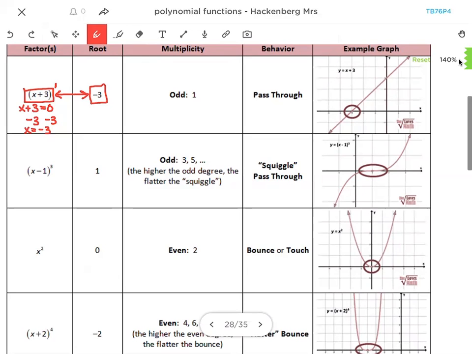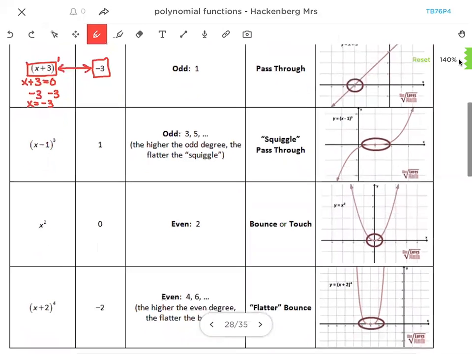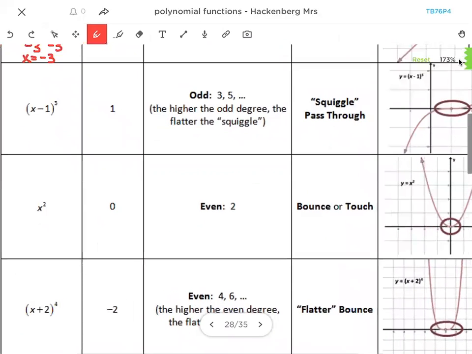If we keep continuing through here, we get another one that's odd multiplicity. It has an exponent of 3, and obviously 3 is odd. That root occurs at 1. Remember, we could do like we did up here, but hopefully we're drawing the connection between the factor and the root relatively quickly. This is going to still pass through at that root.